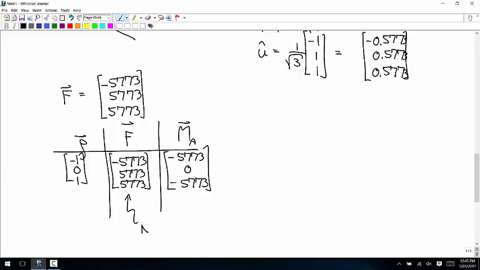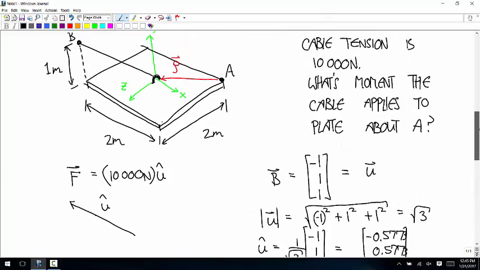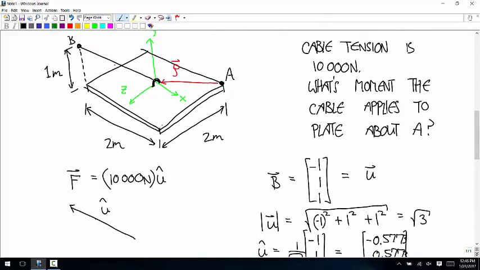These forces have units of newtons. The rho vector has units of meters, and so this moment, take the cross product, you get units of Newton meters. And so what does that say about the direction of rotation that this force would produce if there was an imaginary hinge here, like this thing would rotate around that point?